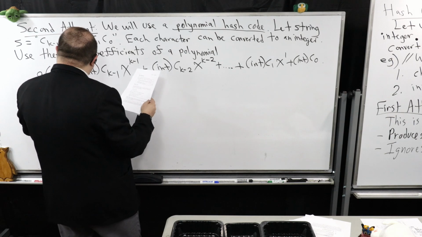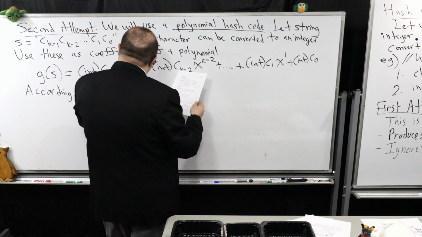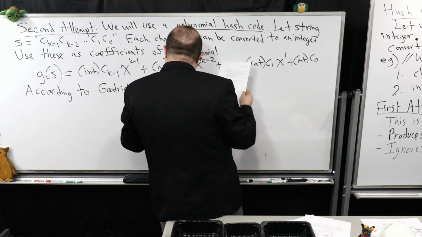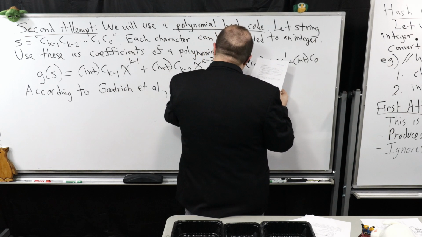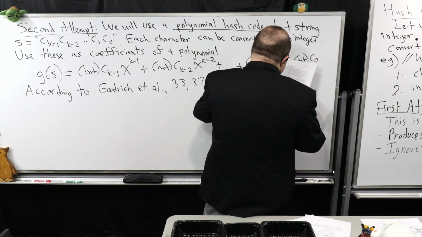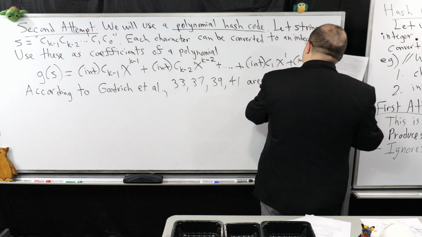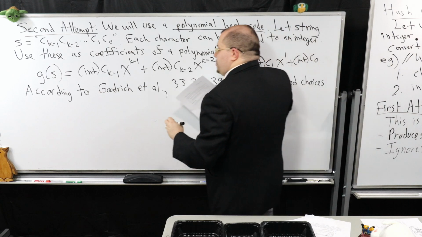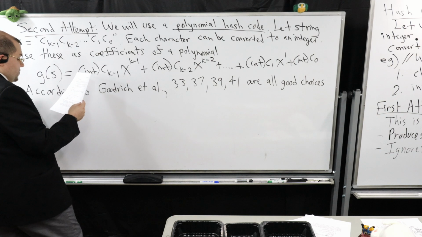According to Goodrich et al., and I can vouch, these are pretty good values: 33, 37, 39, 41 are all good choices for x. If you just plug this number in, you can compute this for any one string.